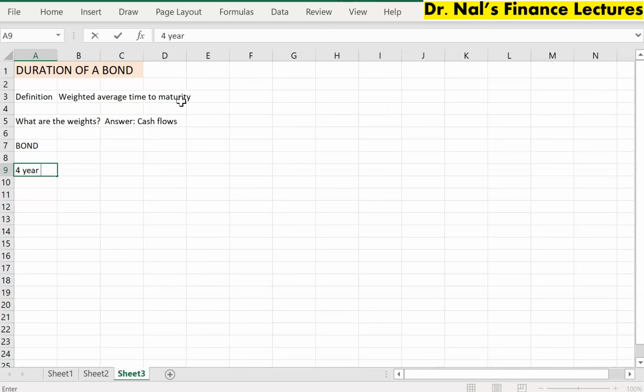A 4-year bond, which pays, let's say, a 10% coupon rate paid semi-annually. Semi-annually means every 6 months. So the whole annual amount will be divided into 2, and it will be paid in 2 installments every 6 months. All right, and the face value, say the face value is, again, $1,000.